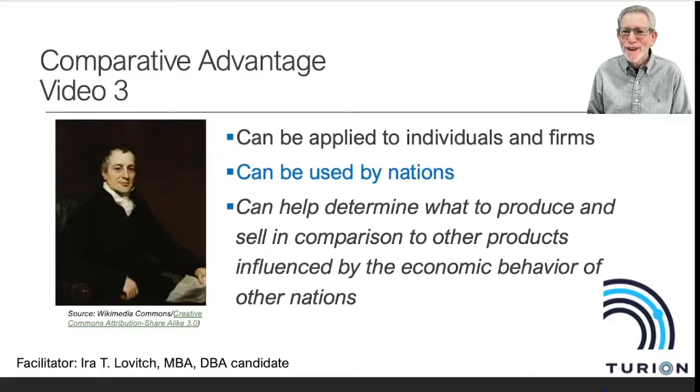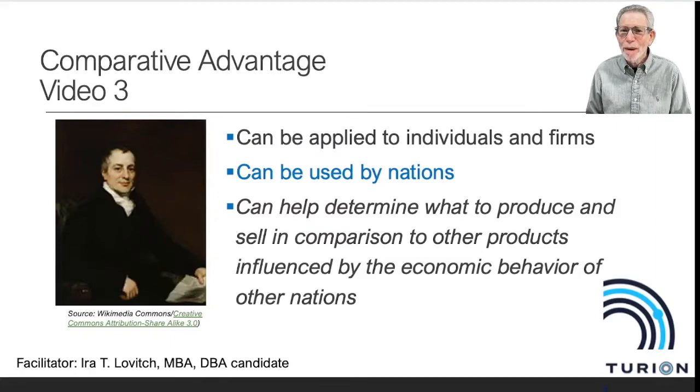There's our old friend David Ricardo from video 3. And as I'm hoping you recall, comparative advantage was developed by Mr. Ricardo. It can be applied to both individuals, as we discussed, and firms. And in the context of macroeconomics, we're going to think of it as it relates to nations, countries.